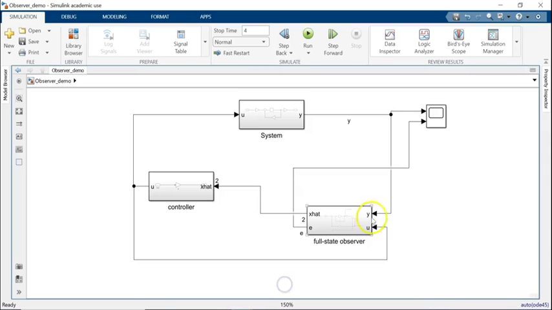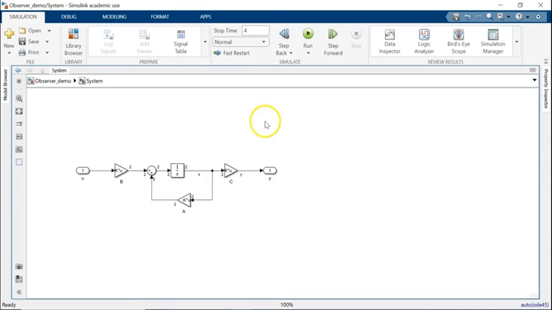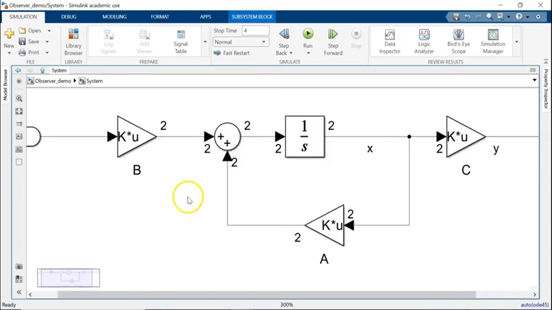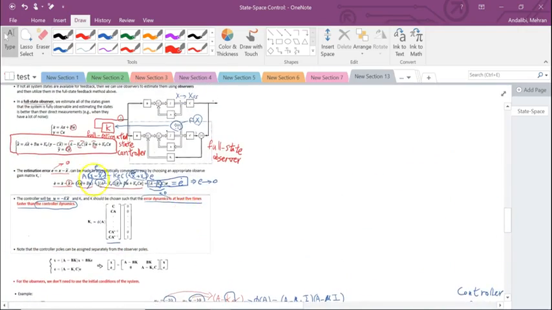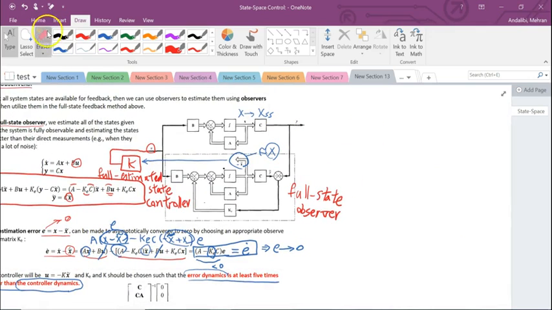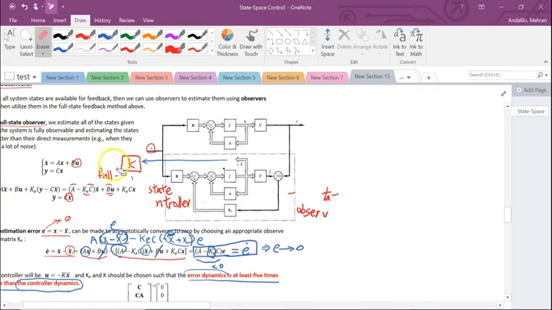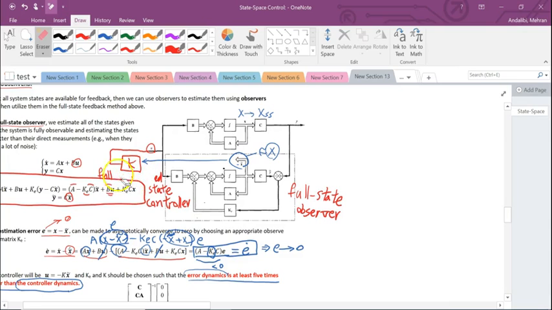And here is my Simulink system, which I'm going to be sharing with you. Here is my physical system, as you can see. Here I'm doing exactly this model.